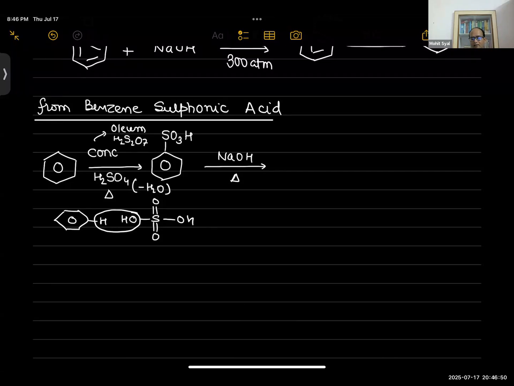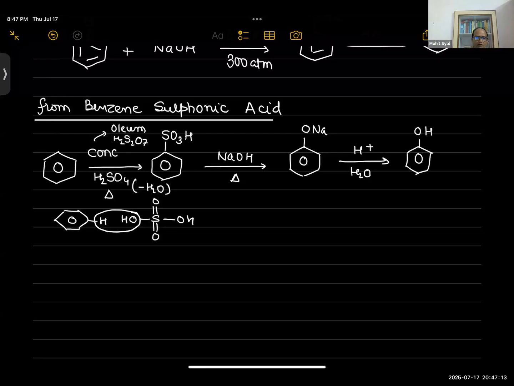So once you have this NaOH, this OH will come in and it will form ONa, removing the SO3H group. Then you can take H plus, H2O or HCl, that will convert the ONa to OH. So I hope this is clear to you.